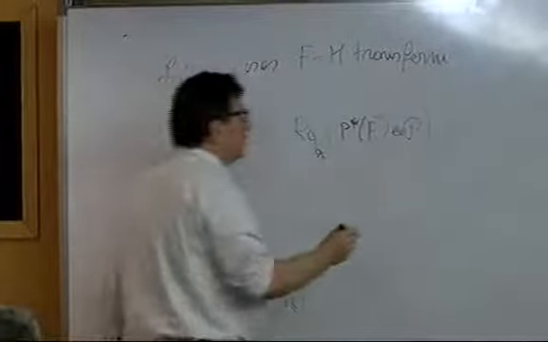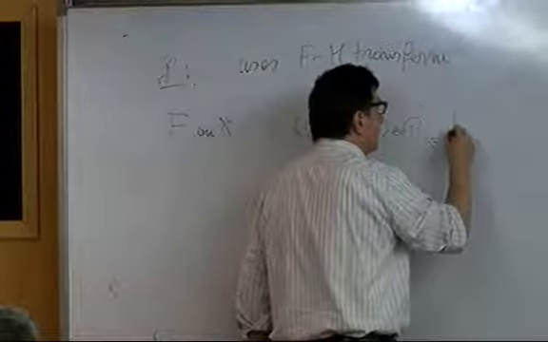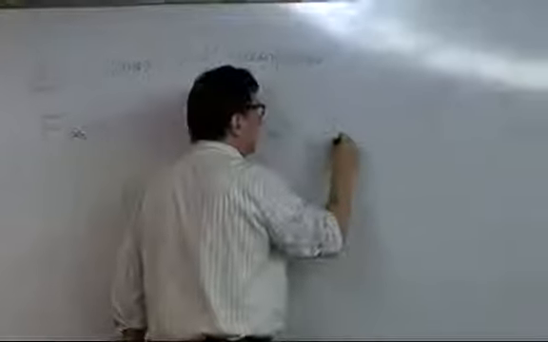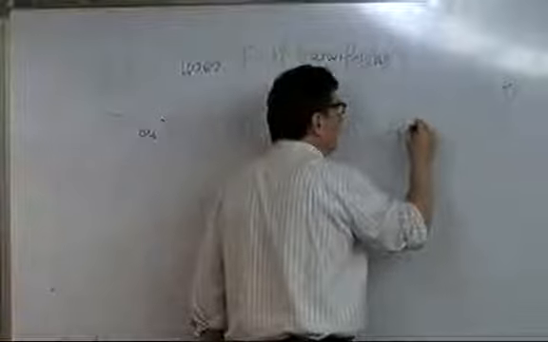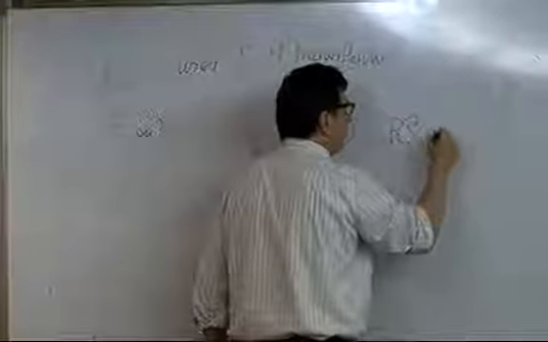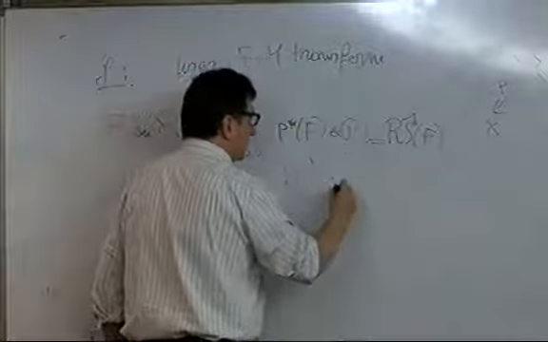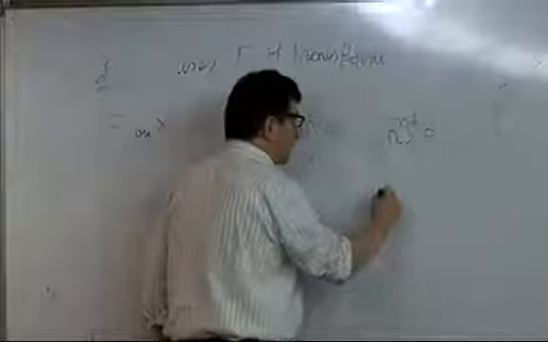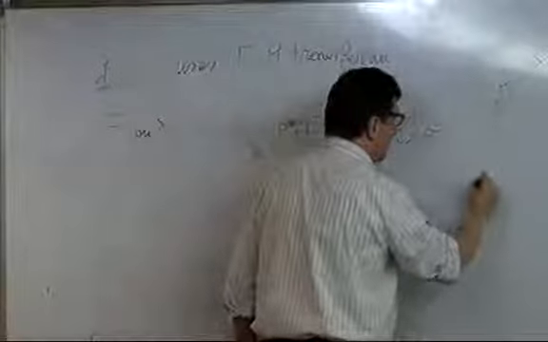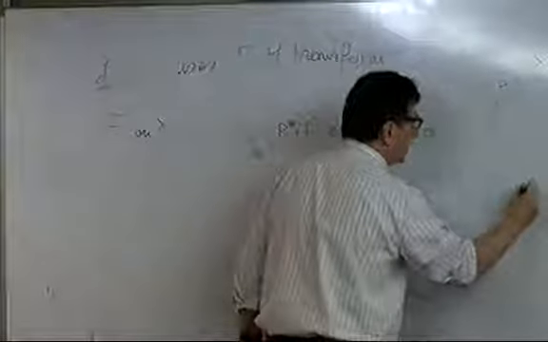So this is called RS hat of F. This RS hat is a functor from the derived category of X to the derived category of the dual variety.